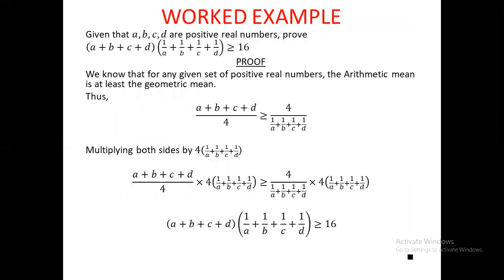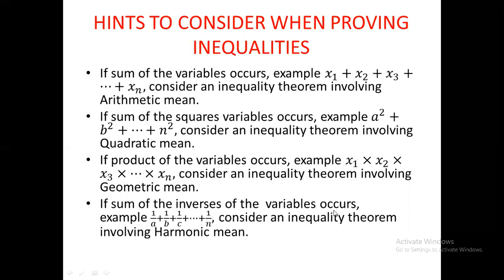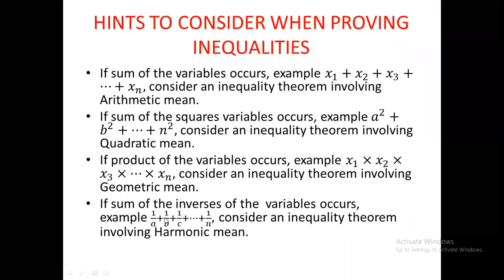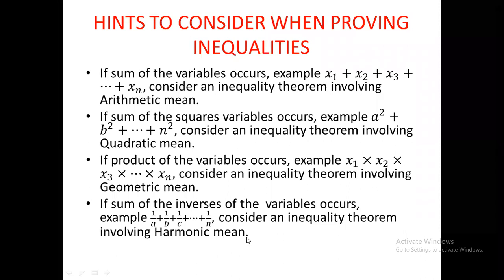Now, if the sum of the inverses of the variables occurs, that's the inverse of variables, say the variables you're given are A, B, C, and the inverses 1 over A plus 1 over B, of course you should consider bringing harmonic mean into the picture. So based on what you're given and what you're asked to prove, you should consider bringing the relevant mean into the picture.